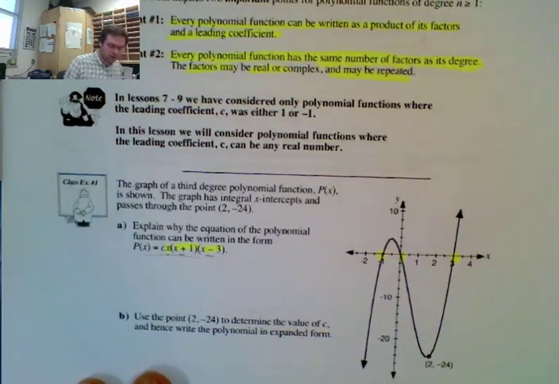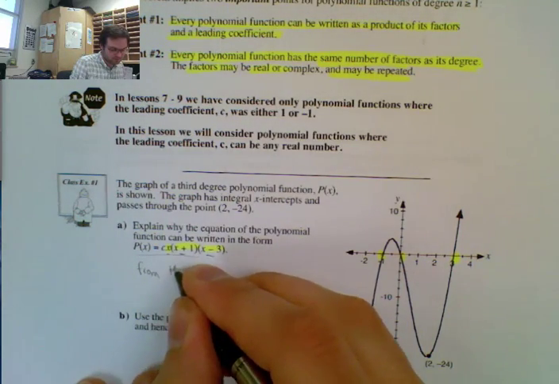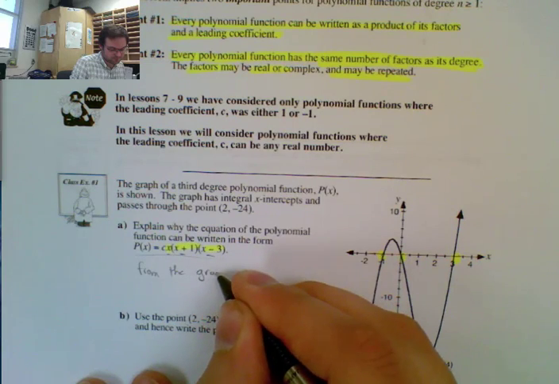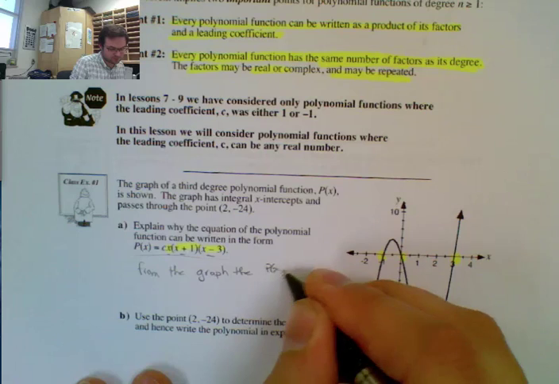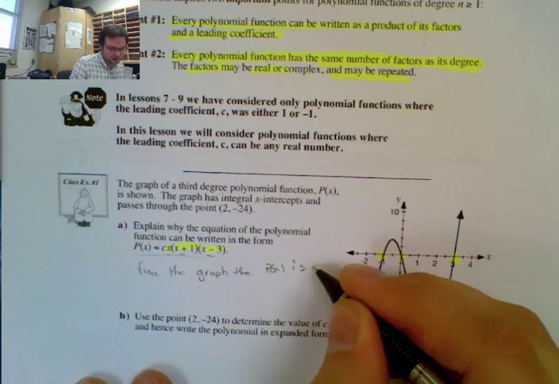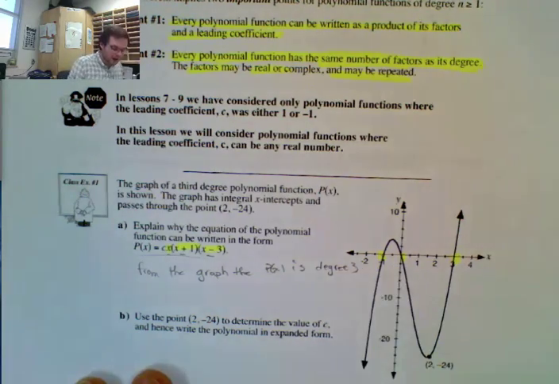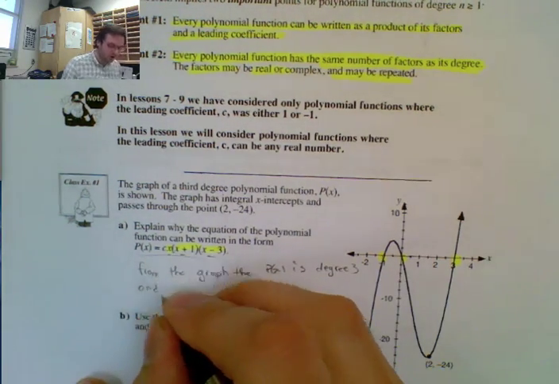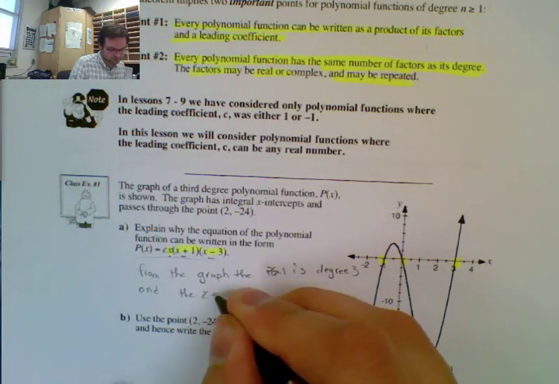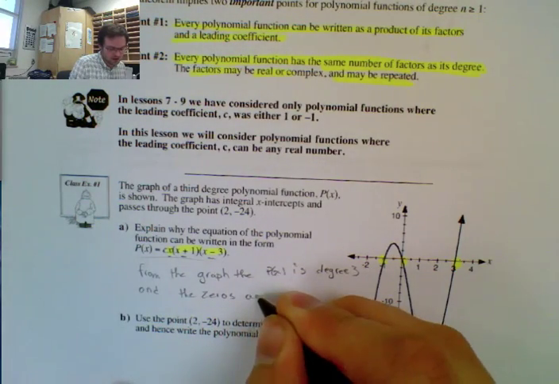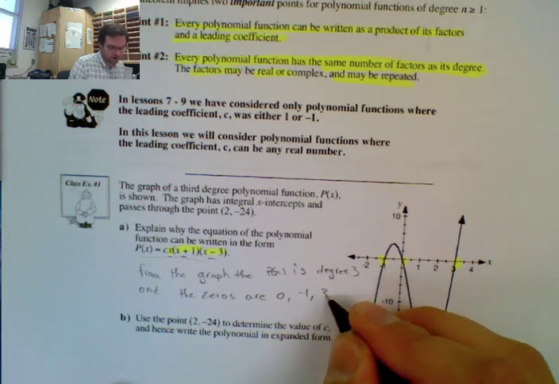So we know the polynomial is degree 3, and we also know that the zeros are 0, -1 and 3.